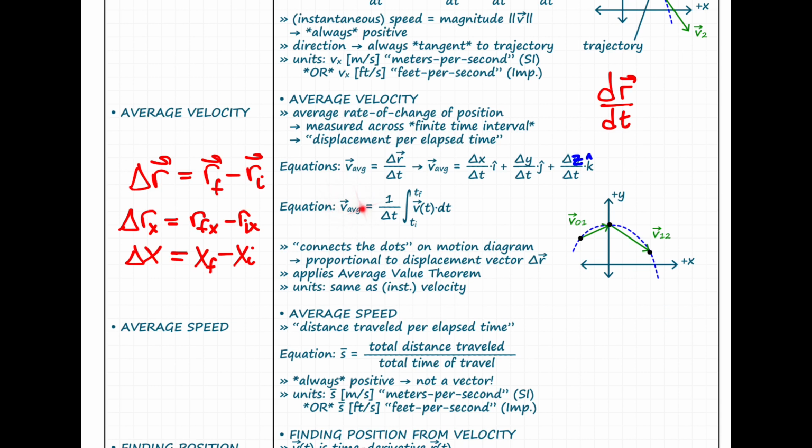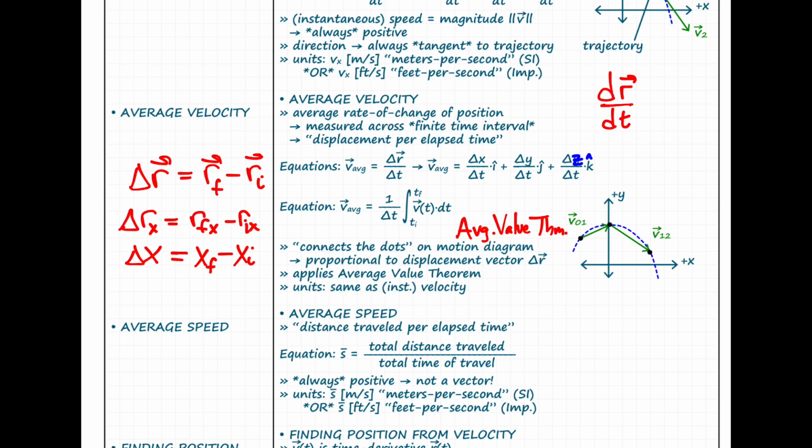Another way to find the average velocity, and really define the average value of any function, is using the average value which you learned about in Calc 1. You sum up the velocity at each instant during that interval, divide by the width of the interval, and that gives you the average velocity over the interval.